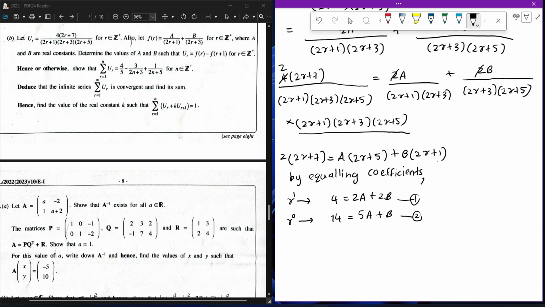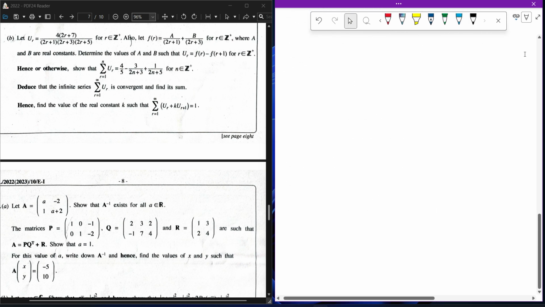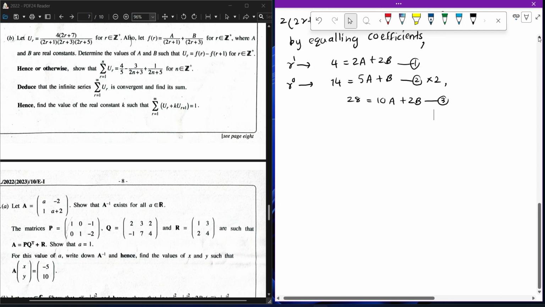Once you simplify this, we'd better remove the b. So I'll multiply this by 2, so that we get 28 equals 10a plus 2b, and that will be equation number 3. And I'll have to deal with only equation number 1 and equation number 3, because we are going to remove that 2b from the equations and find the value of a quite easily.